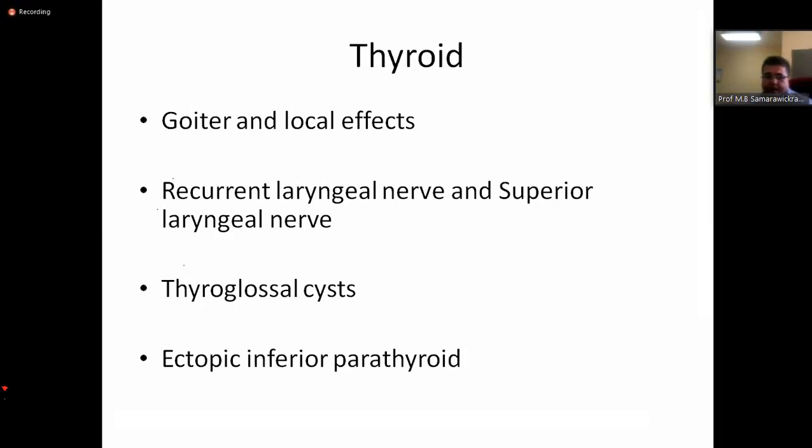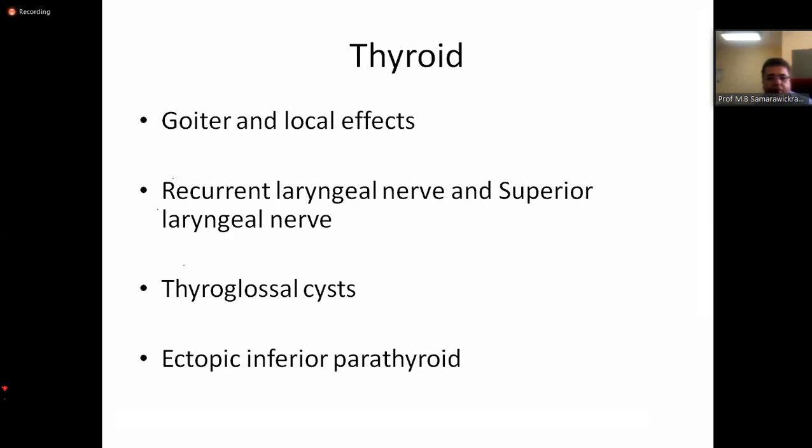Right. And in the head and neck region, the other important structure is the thyroid. Enlargement of the thyroid is known as goiter. When considering thyroid surgeries, you have to talk about the recurrent laryngeal nerve and the superior laryngeal nerve, the external branch. I discussed that earlier. The thyroglossal cyst is a congenital abnormality where a persistent part of the duct can enlarge.